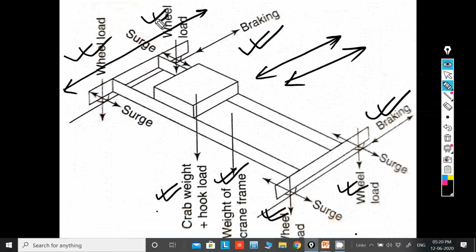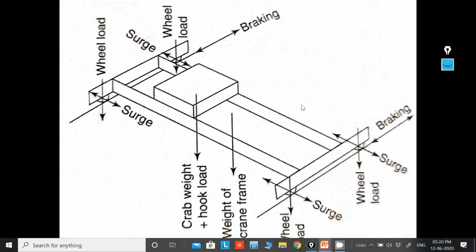But the main thing is that you have to be comfortable and adjust yourself with the horizontal loads.